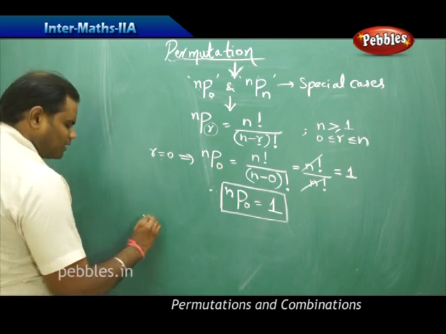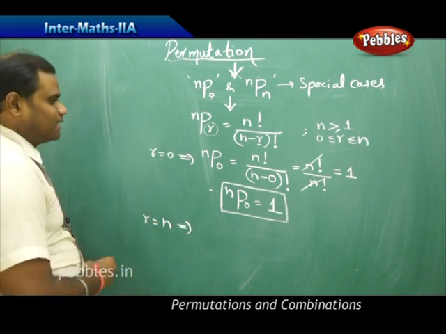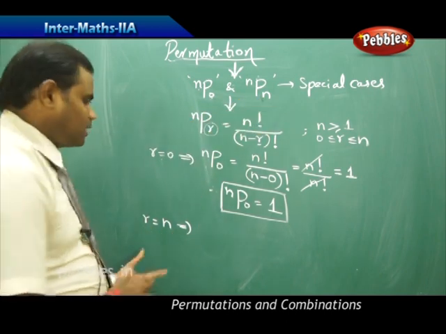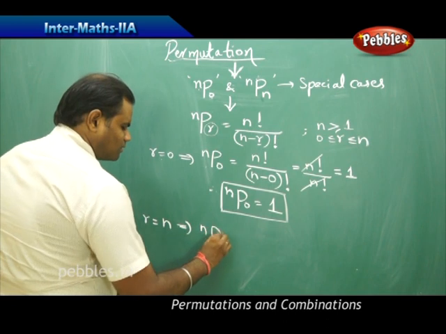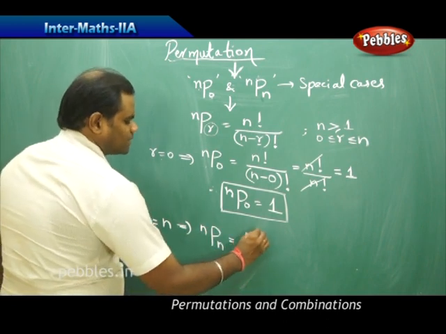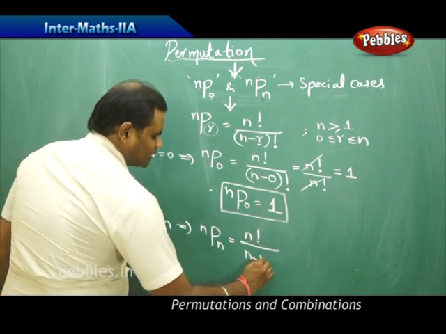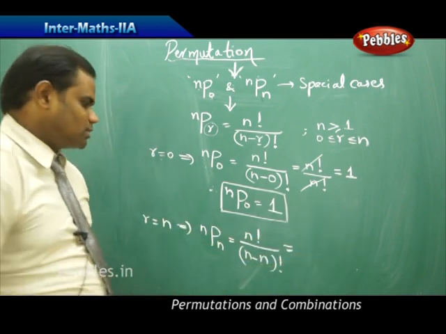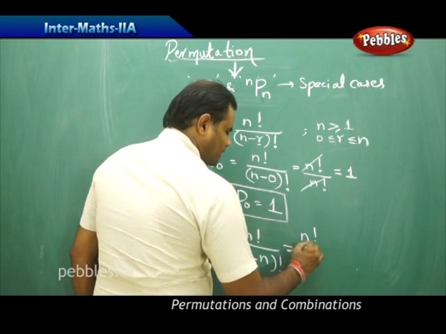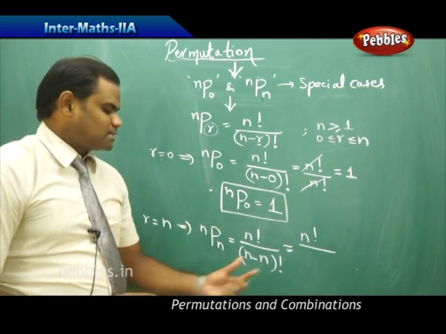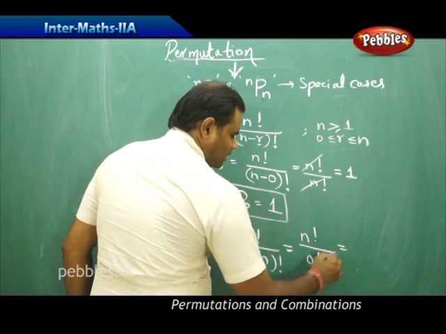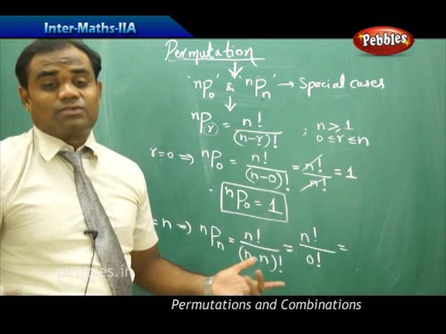Similarly, we'll see what nPn is. When I put r equal to n, I clearly understand that my nPn is obtained when r is equal to n. Simplifying with the formula, I get n factorial by n minus n factorial. Further simplification gives n factorial by 0 factorial, since n minus n is 0. 0 factorial by convention, as already discussed, is 1.